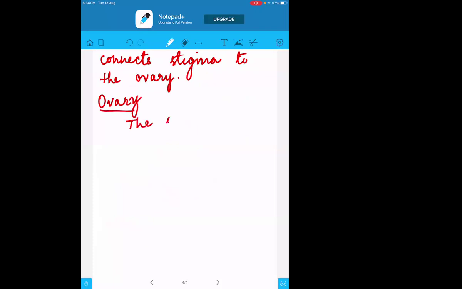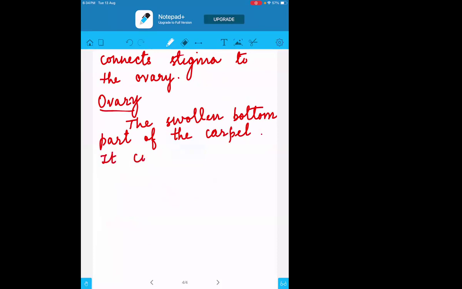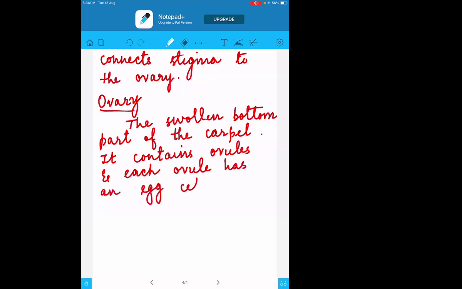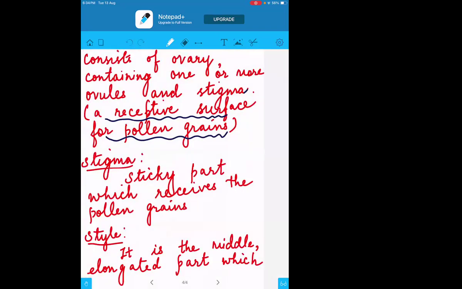They are the swollen bottom part of the carpel. Ma'am, could you show the previous page? Yes, yes. So they are the swollen bottom part of the carpel. And it contains ovules, and each ovule has an egg cell. Okay, write that first of all, then we'll go to the next one.